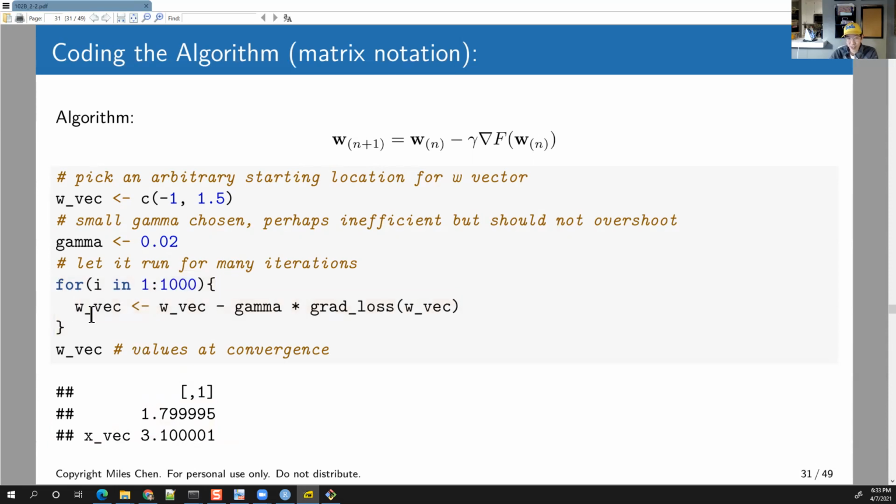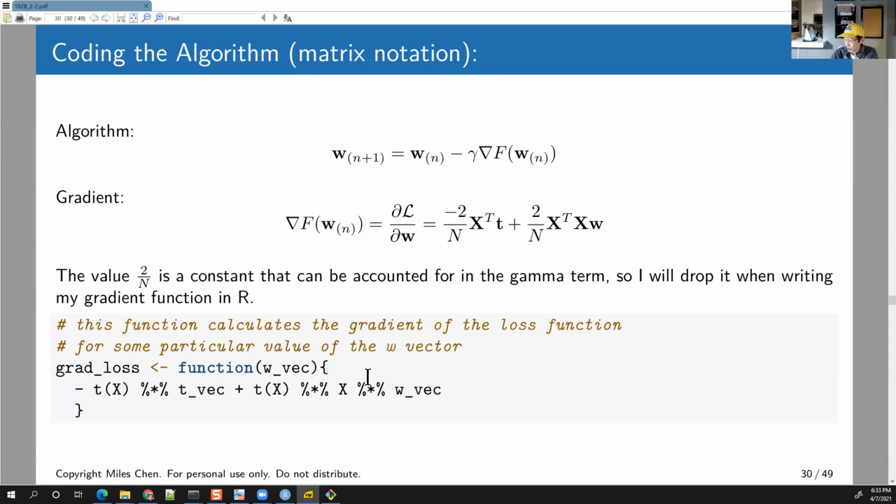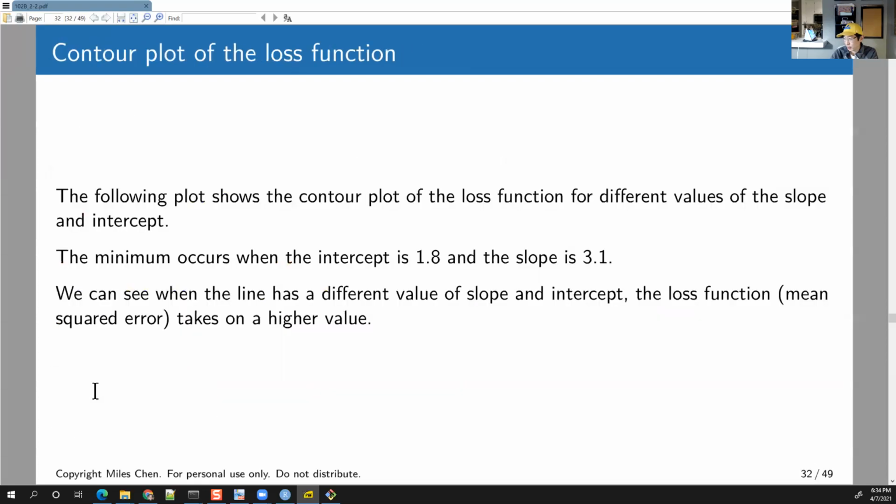Gradient descent is very simple, and all we have to do is figure out how to calculate the gradient. For ordinary least squares regression, figuring out the gradient in matrix notation is not too difficult: you just have X transpose X times W, minus X transpose T.